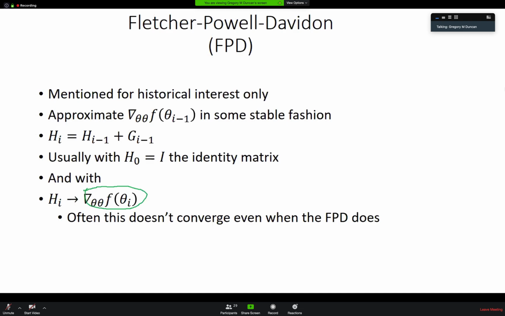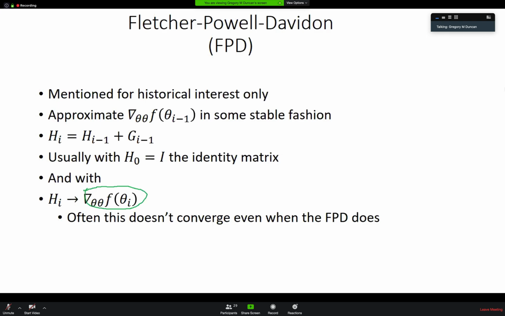It turns out that the matrix of second partials is very, very closely related to the variance estimate for your parameters. So even if your likelihood converged and you got good estimates, this approximation often doesn't converge. And so if you assumed you had the matrix of second partials, your variances would be incorrect.